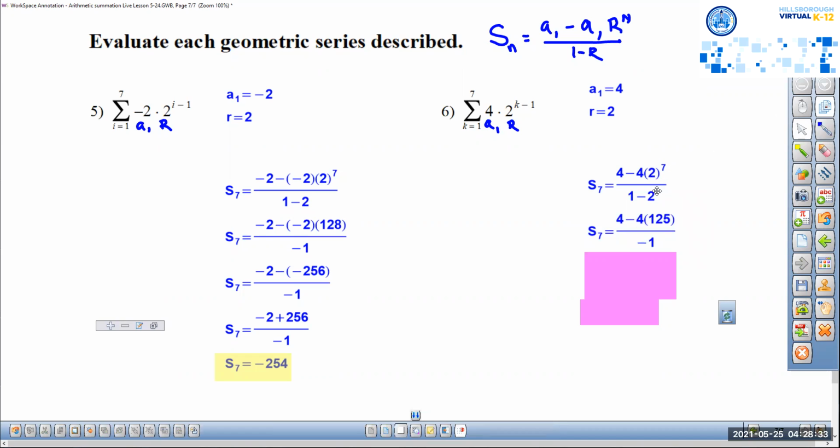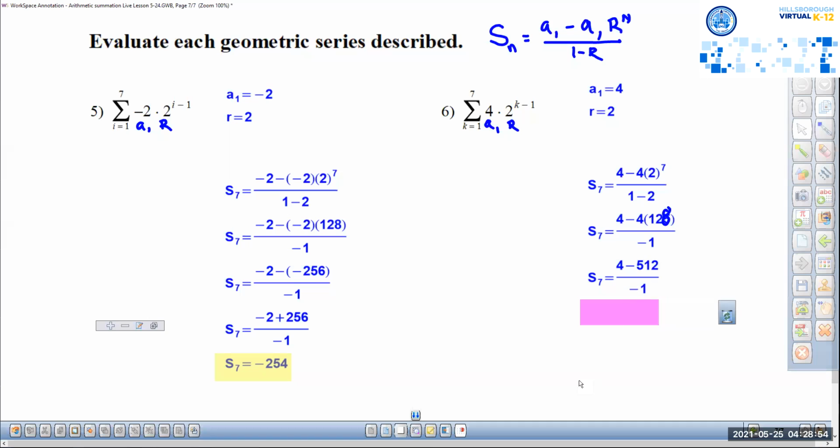Oops, I have a typo. That should be 128. Okay, I'll make sure everything else is also correct. And then I'm going to do -4 times 128, and that should give me minus 512. Awesome, so it was just that one place.